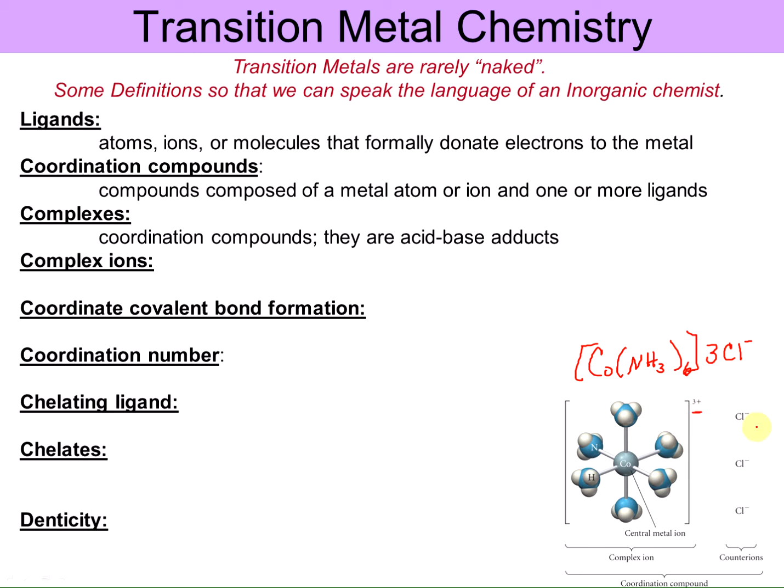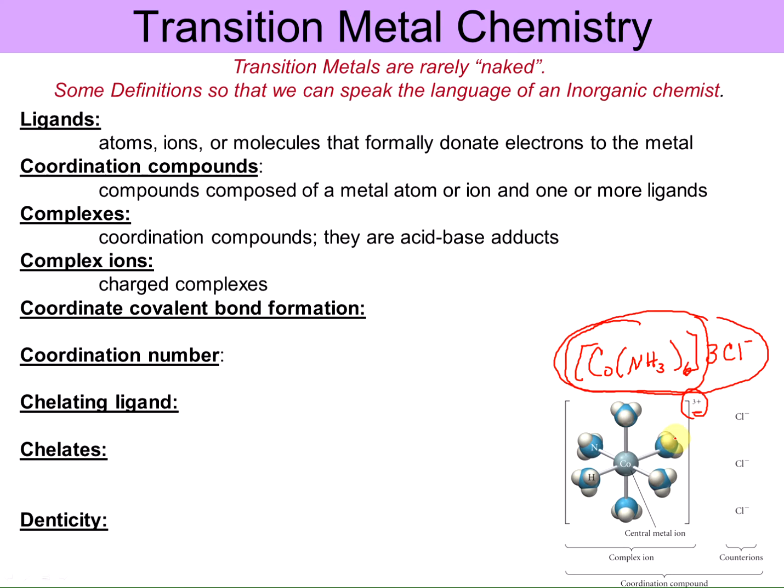So I need 3 chlorides to balance out that charge, and this entire thing is my coordination compound. But the part in the brackets, this is my complex. And a complex ion is simply a charged complex. So this amine complex, which has a 3+ charge, would be a coordination complex ion.